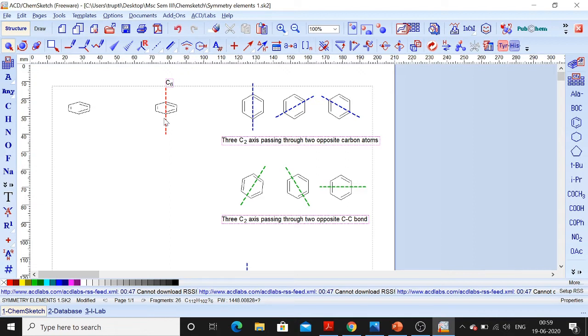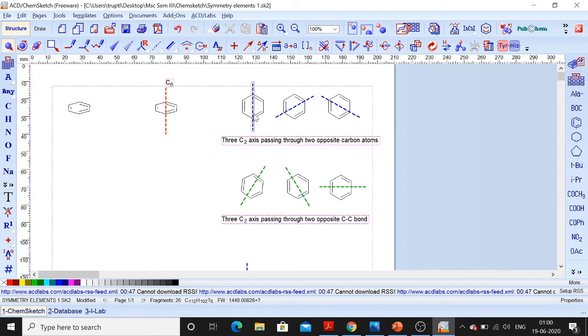And if I pass this axis through the center and rotate the molecule through this axis, I will have six different equivalent positions. And that's why I will say benzene contains one C6 axis of rotation. Now, apart from the C6 axis of rotation, benzene contains a few more axes of rotation.